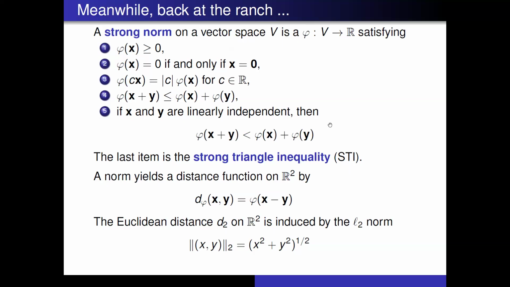Okay, they would have less than or equal to, but not less than. And now you get a distance function just by taking the distance between 2 points to be the norm of the vector between them. Okay, so for example, the standard norm is just the square root of x squared plus y squared for 2 points on the real plane.